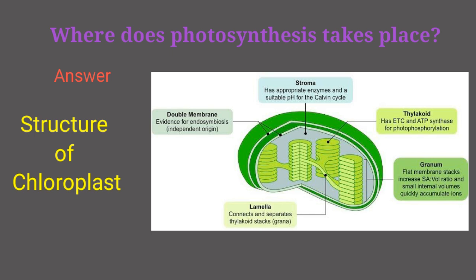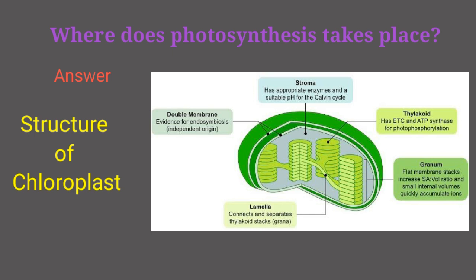Our cells or the cells of animals cannot prepare their own food. It is only the characteristic feature of the chloroplast found in plant cells, where they can prepare the food called glucose in the presence of sunlight, chlorophyll, carbon dioxide, and water.